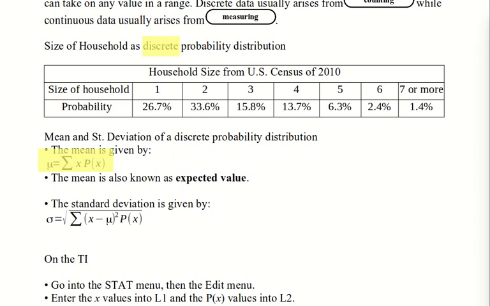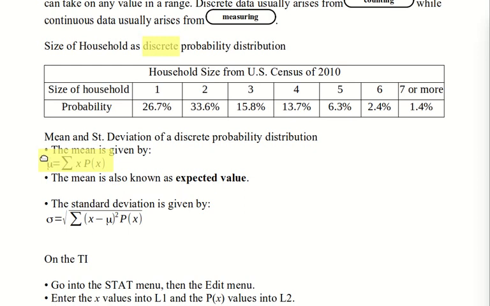In that first case, x was 1. The probability was 0.267. So we'd multiply those together, then we'd multiply 2 times 0.336. We'd multiply 3 times 0.1518. You get the idea. And continue in that way, and then add them up. We don't add up last because of the order of operations.